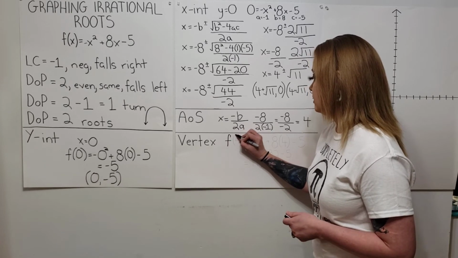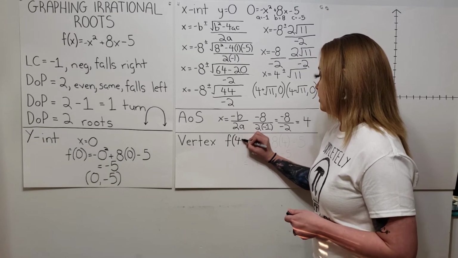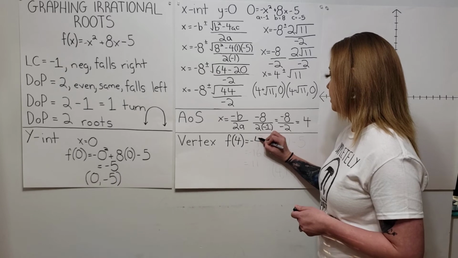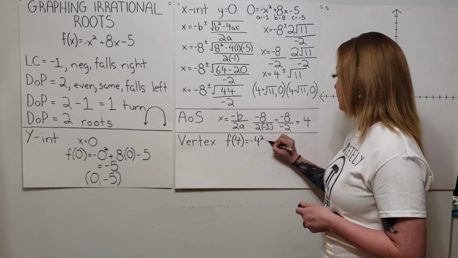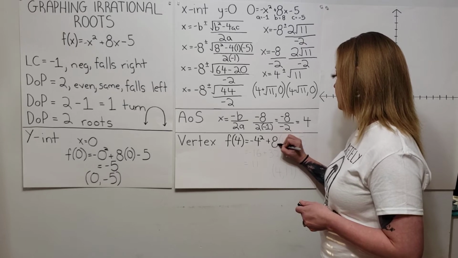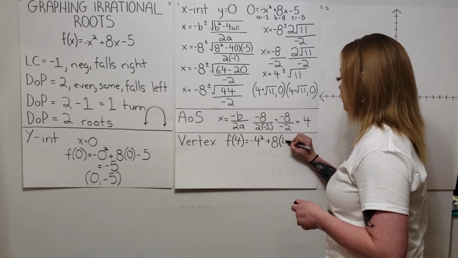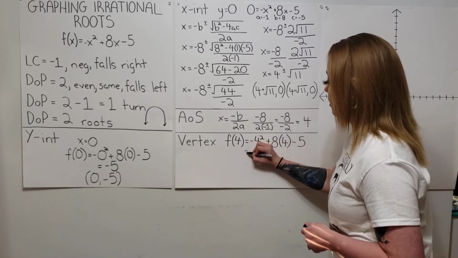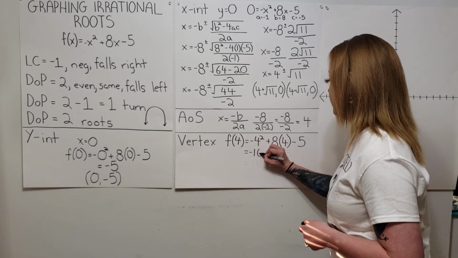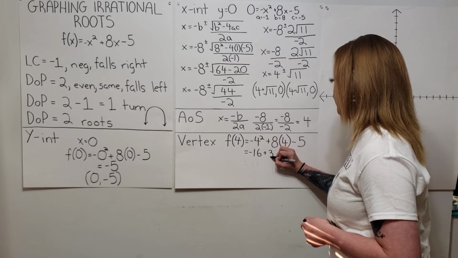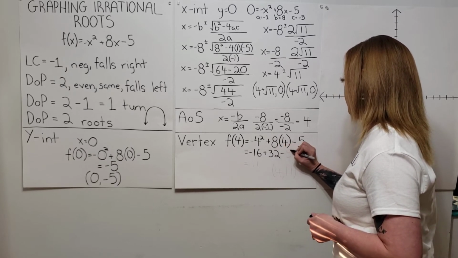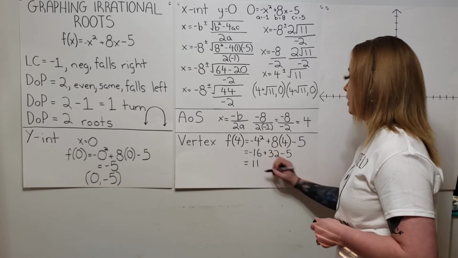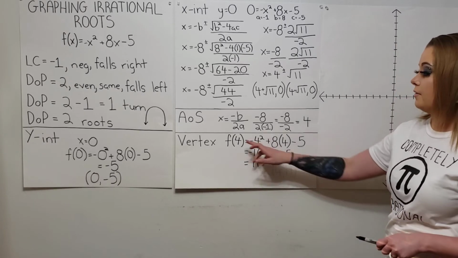So to find our vertex, we're going to find that f of 4 is equal to negative 4 squared plus 8 times 4 minus 5, which is going to be equal to negative 16 plus 32 minus 5, which is going to give us 11. So we have another point on our graph at 4, 11.